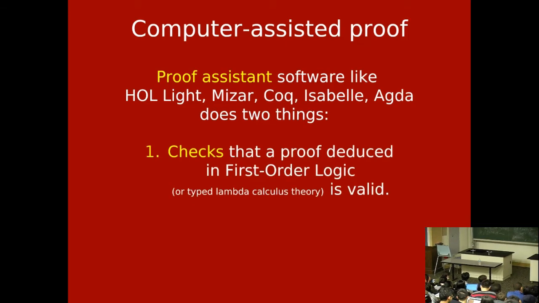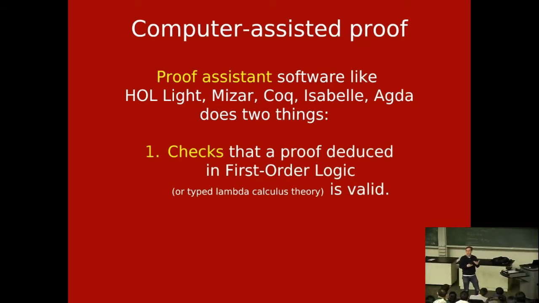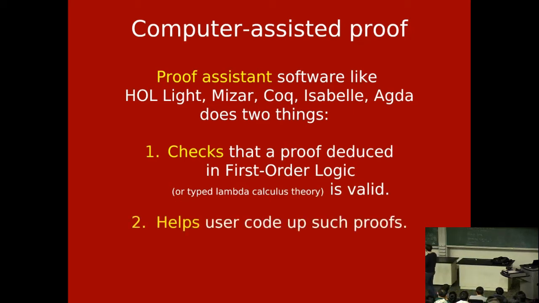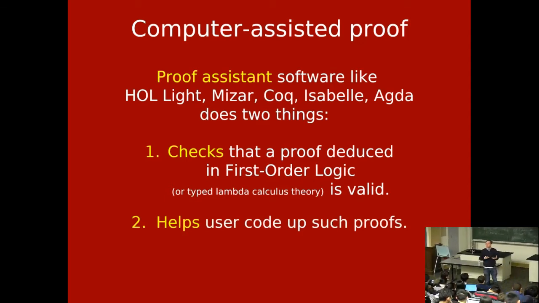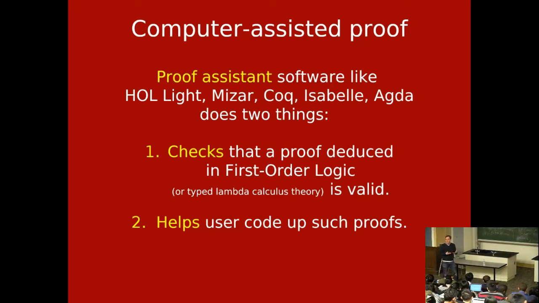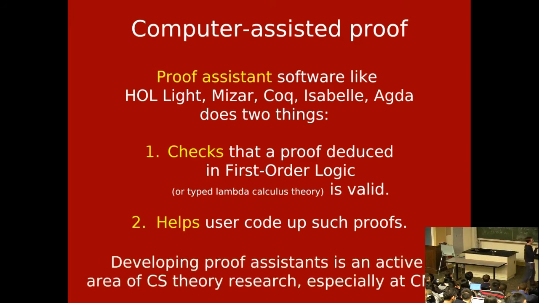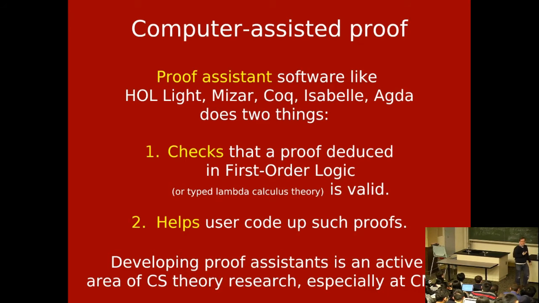First, if you give them a formally encoded proof of a mathematical theorem that really does 100% of the steps in logic, it will just check that it's correct. And it also has some kind of HCI aspect to it. It helps you find and code up these proofs, like translate English language proofs into computer-checkable, fully rigorous proofs. And as I said, making both these aspects better is a major area of research, especially at CMU.